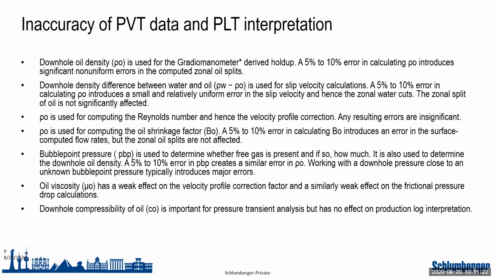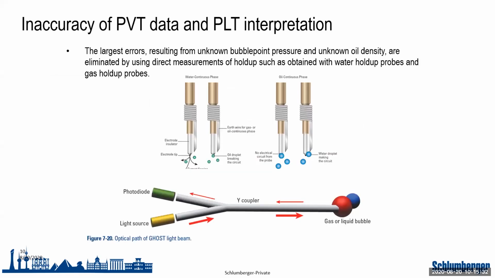It is important for the proper and accurate interpretation of the production log. Okay, so for example, when I have my electrical probe or my optical probe that identifies the water holdup and the gas holdup, then I can eliminate many of the errors that are induced by the PVT data in the interpretation.